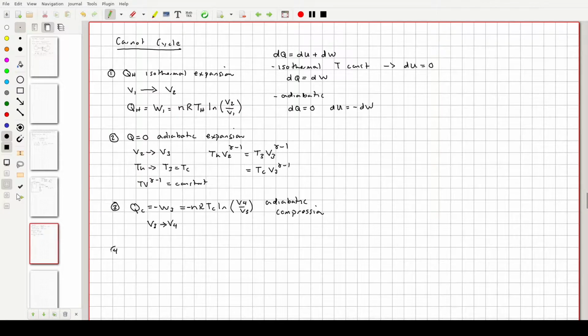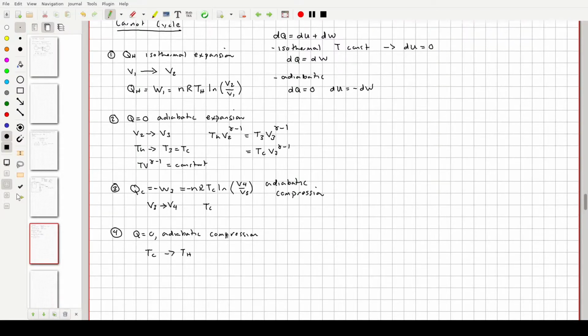Now for our fourth and final step, we're going to let this adiabatically compress. Now, what's happening here is we're going from our temperature that we have now. Remember, this is isothermal, so TC in step 3 was held fixed. So we're going from TC here back to our original state, which was TH.